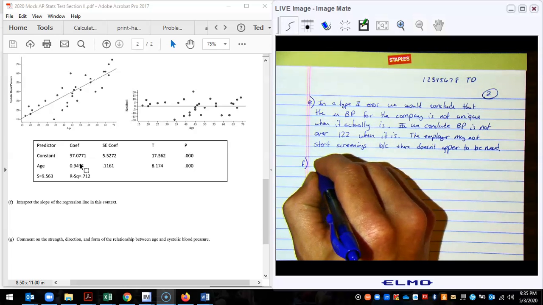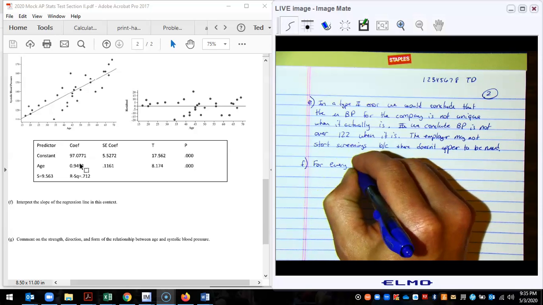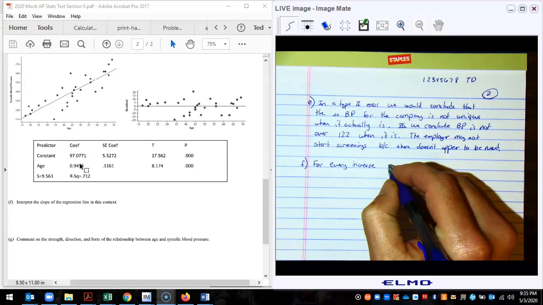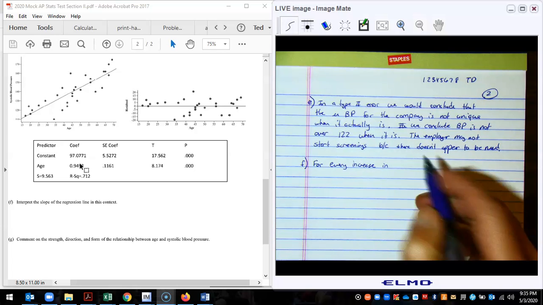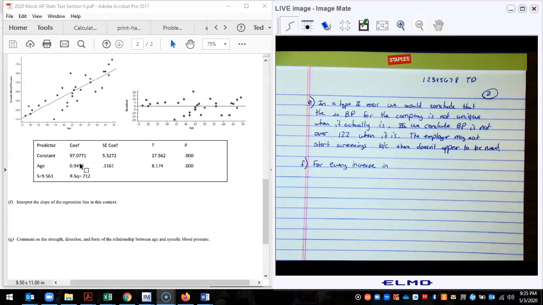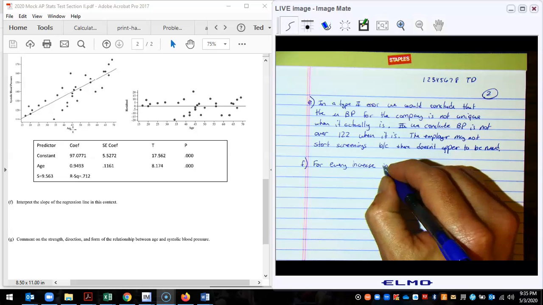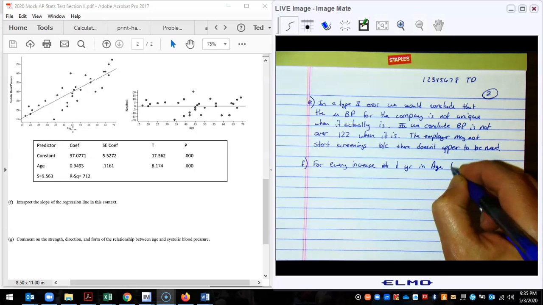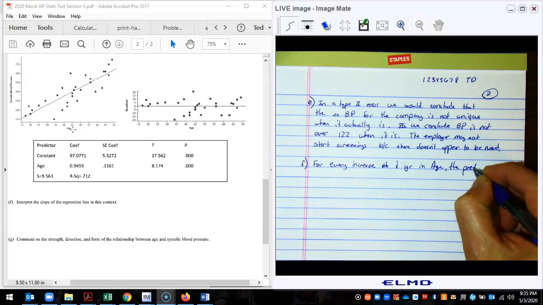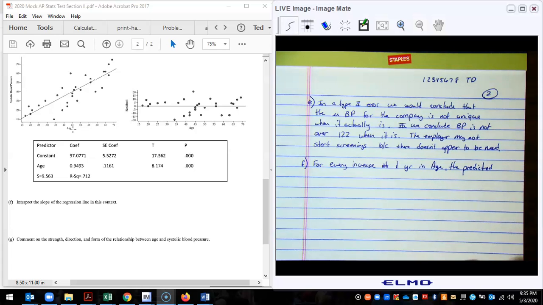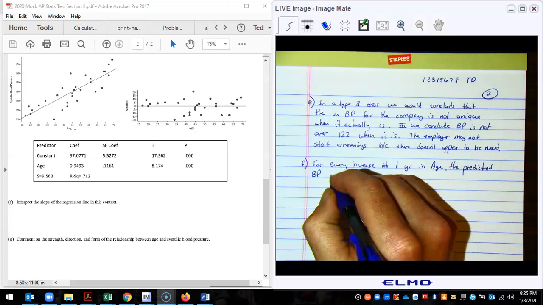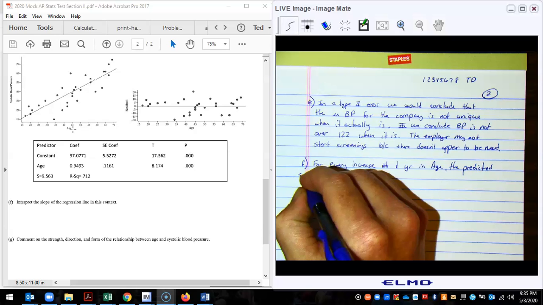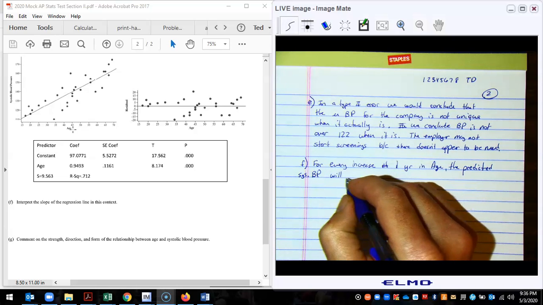So for every increase in my explanatory variable, and if we look here, my explanatory axis is age, so for every increase of 1 year in age, the predicted systolic blood pressure will increase.